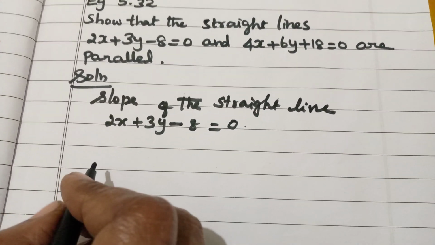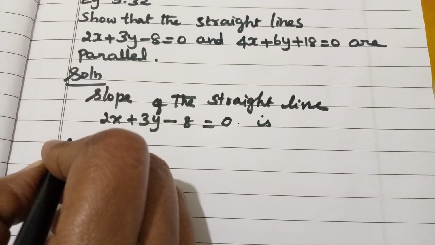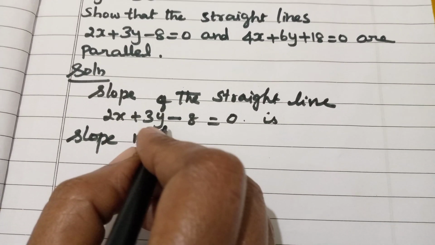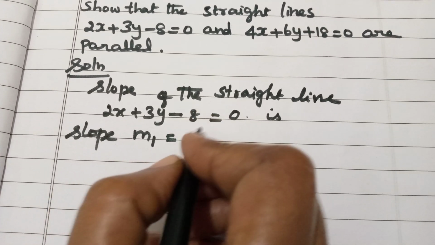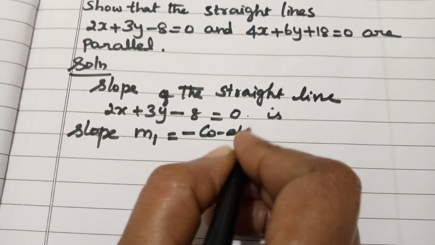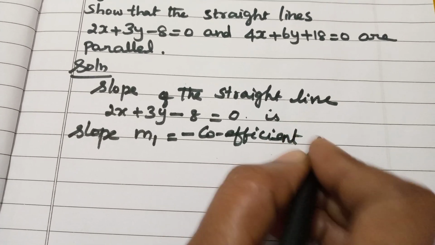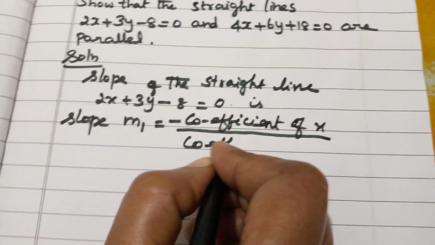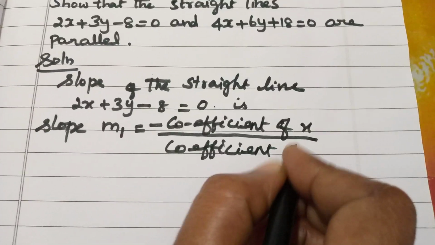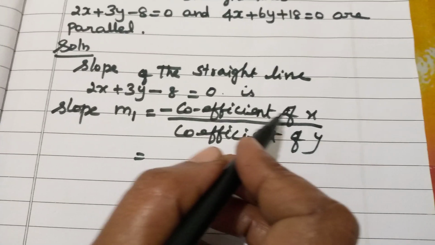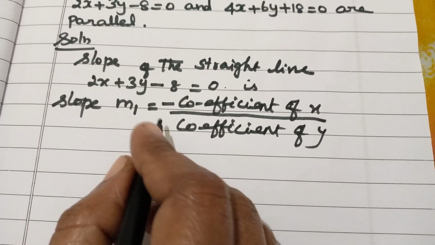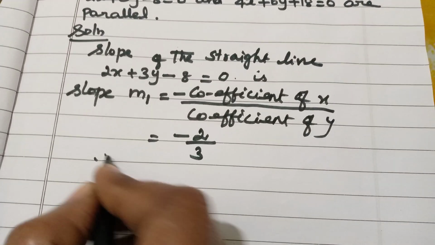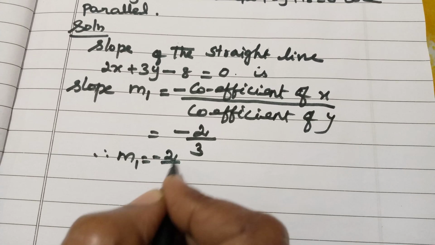Let us take this first equation's slope as m1. m1 equal to minus coefficient of x by coefficient of y. What is the coefficient of x here? We have 2. Minus is there, so minus 2 by, what is the coefficient of y? 3. Therefore m1 is equal to minus 2 by 3.